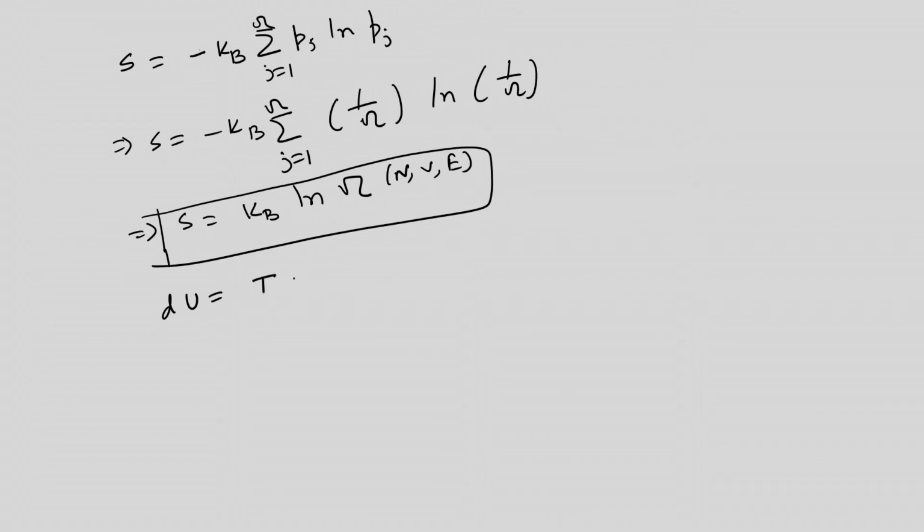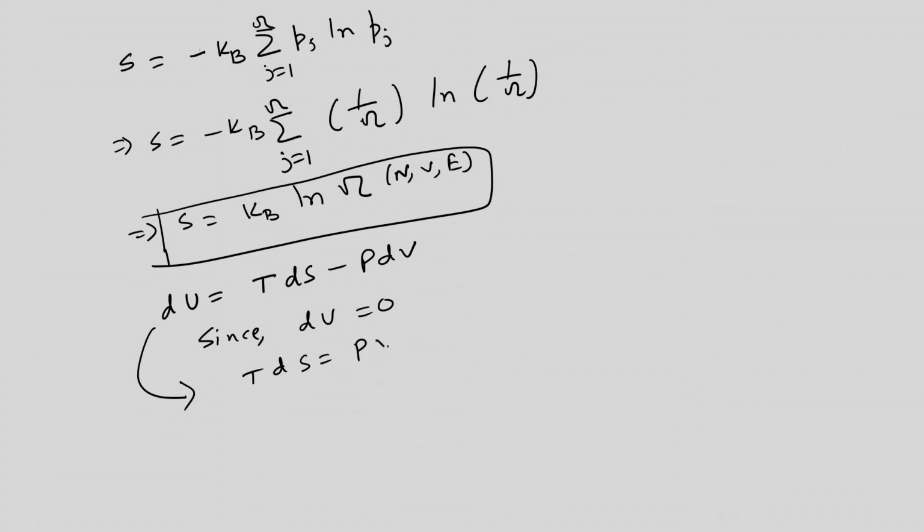Next, we can also calculate pressure, the average pressure. We know dU is TdS minus PdV. Now, since dU equals 0, we get TdS is nothing but PdV. So, we get P is T times del S by del V when energy and number of particles are constant.